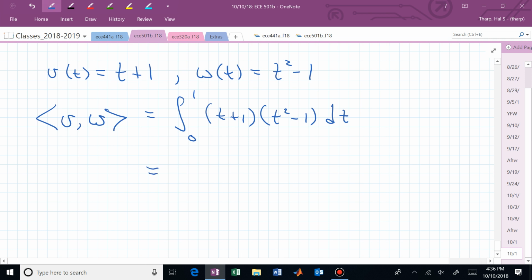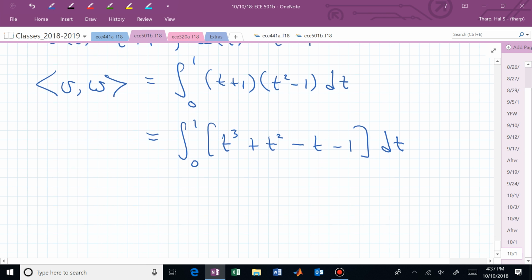So thankfully these aren't too complicated integrals. It's now just powers of t. We now have the integral from 0 to 1, and I now have to integrate t cubed plus t squared minus t minus 1 dt, if I did the multiplication right.